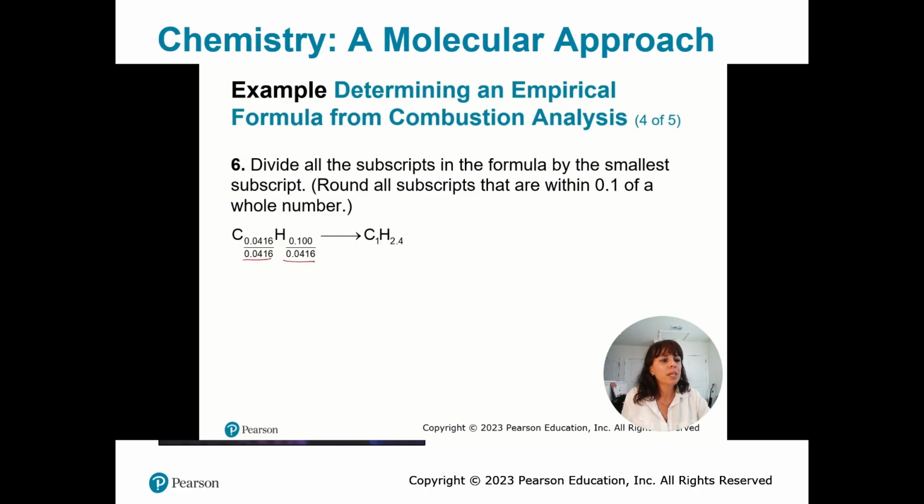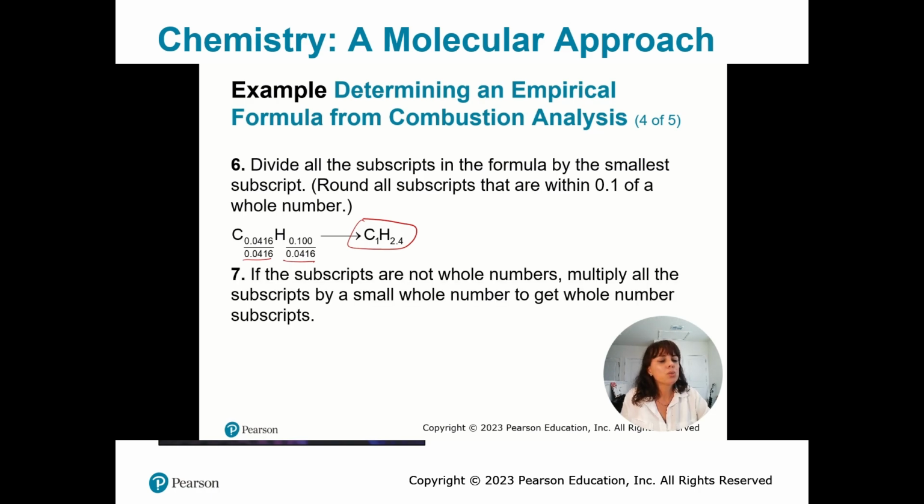So divide both, and this is what I have over here. What are you going to do now? I need a whole number. To get whole number subscripts, we multiply all the subscripts by a whole number. We're going to multiply by 5, so I can have my whole numbers over here.